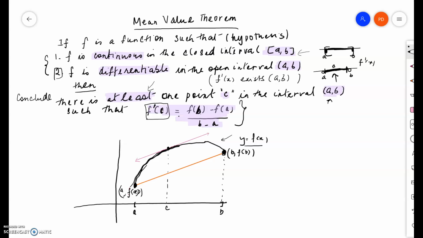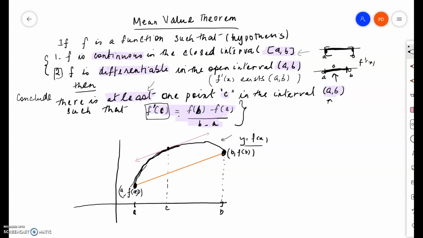It is a smooth curve, so it is differentiable everywhere in the interval (a, b). In this particular example, it is not differentiable at the endpoints. So it satisfies the two conditions of the mean value theorem.